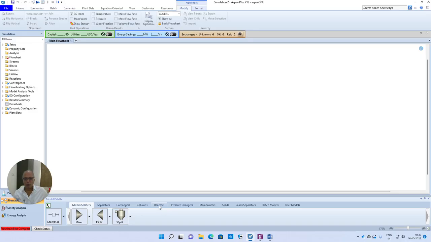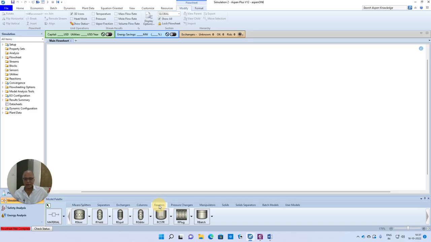You can see various models under reactors in this tab: stoichiometric reactor, equilibrium reactor, CSTR, plug, and so on. So I'll be starting with this. Please read that statement. Stoichiometric reactor based on known fractional conversions or extents of reaction. So you can see once again that this is also a simplified model which can be used while performing the initial mass and energy balances.